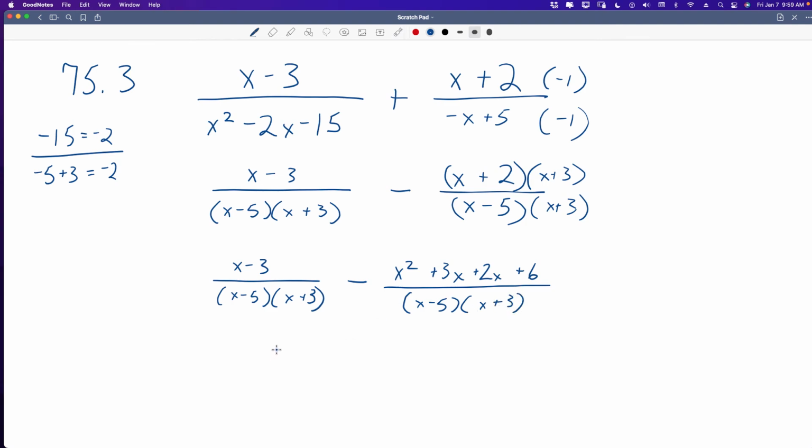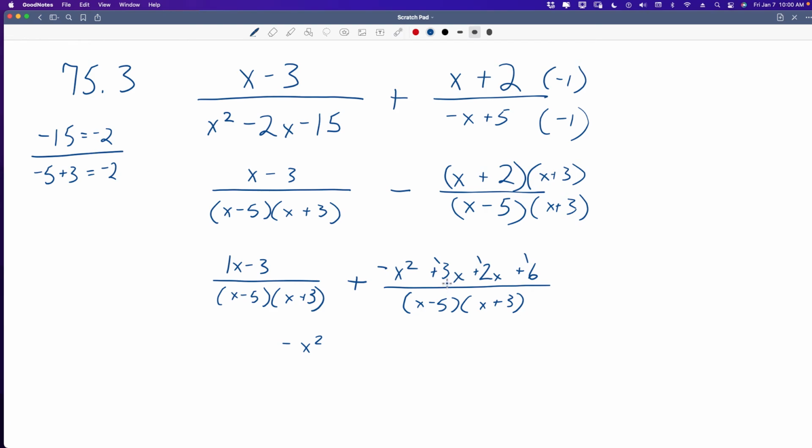All right, let's combine. We have x squared, and then we have a 1x here. Now this is going to change every sign here. So this becomes positive, this becomes negative, this becomes negative, this becomes negative, and this becomes negative, right? So now we have negative x squared, and we have positive 1x and a negative 3x.